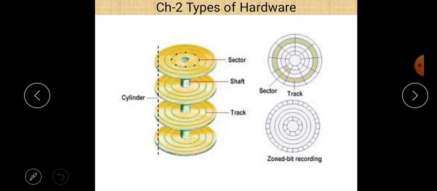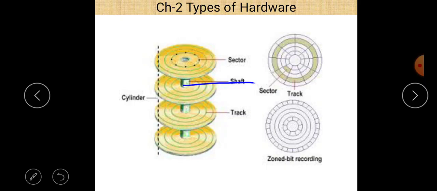These disks are rotated by the access arm, connected through the shaft, and due to rotation you are able to read and write data.